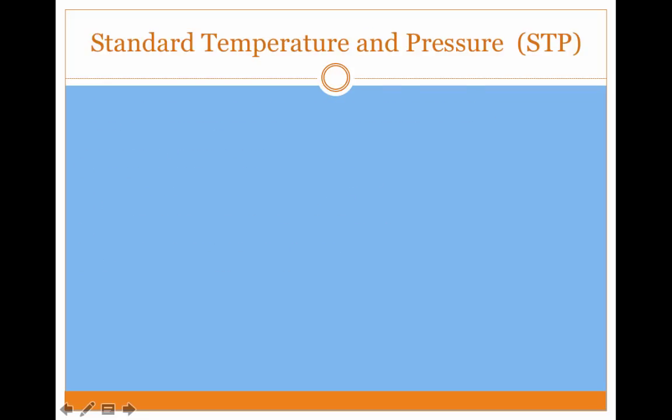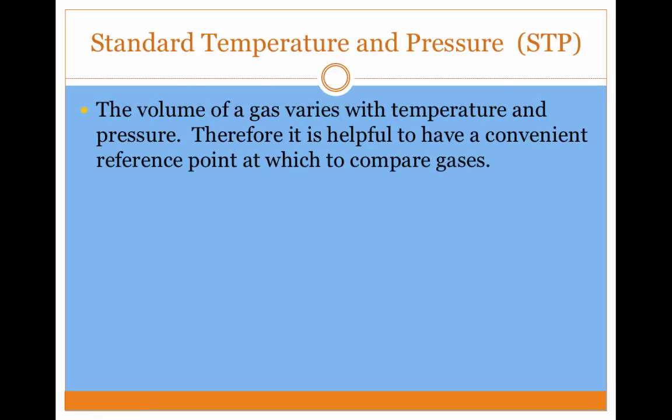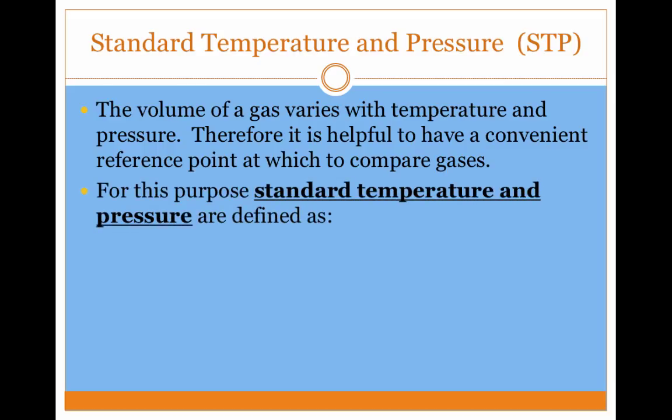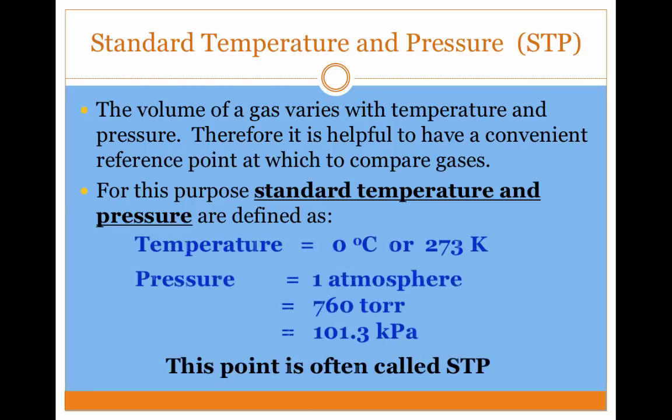You're also going to start to see something called standard temperature and pressure. It can be really hot, it can be really cold, there can be a lot of pressure or a little pressure, but we need a reference point so we can compare our sample to something else. That's what standard temperature and pressure is going to be for us, and there are values for it. From here on out, when you hear standard temperature or standard pressure, you'll be thinking of these things.